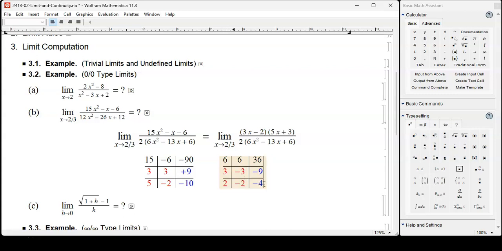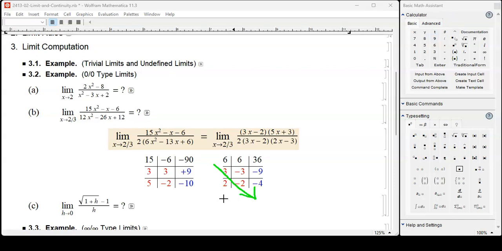And then we use cross multiplication. 3 negative 2, 3x minus 2, and 2 negative 3, 2x plus, no, minus 3. Like that. So cross multiply 3 negative 2, 2 negative 3. So 3x minus 2, 2x minus 3.